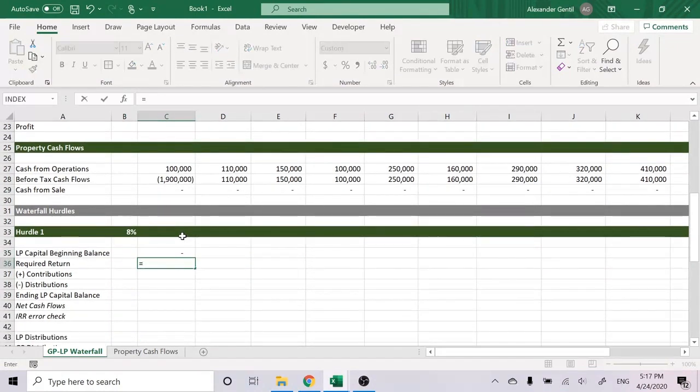The required return, okay, this is a formula, is this, 1 plus this multiplied by the hurdle rate, right, to the power of, sorry, I did it wrong, it would be the balance multiplied by 1 plus the hurdle rate, okay, to the power of, and this is a yearly model, 365 over 365.